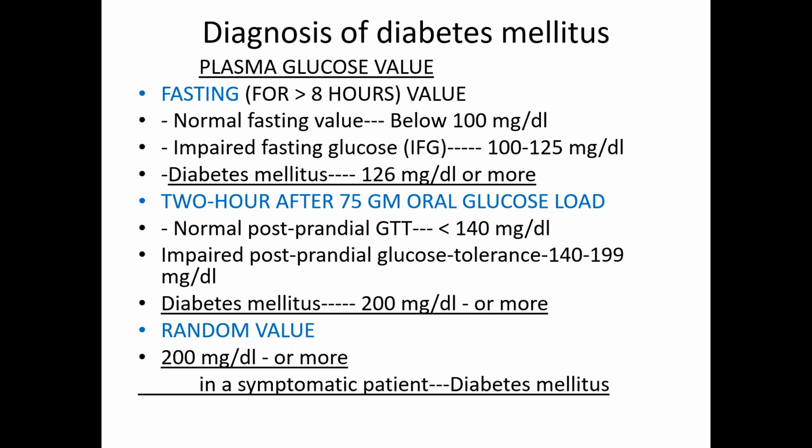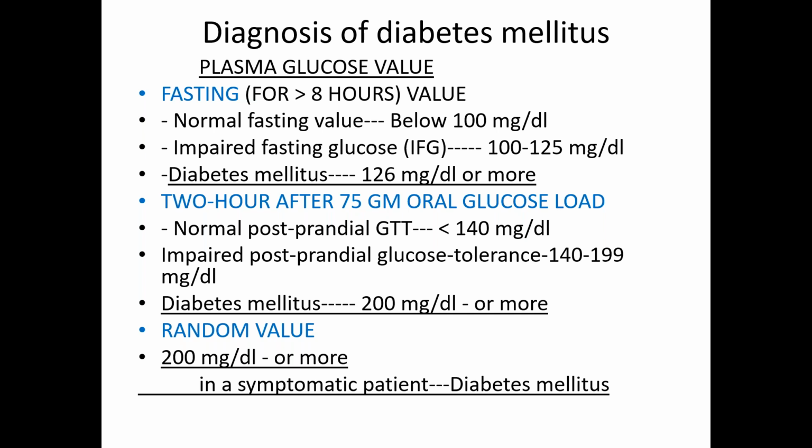If it is between 100 to 125 milligrams per deciliter, then you should call it impaired fasting glucose level, that is impaired glucose tolerance. This condition, within a few years, may lead to frank development of diabetes mellitus.